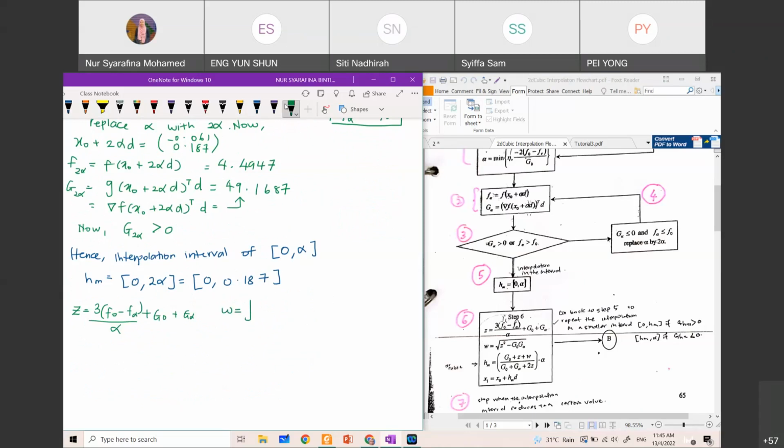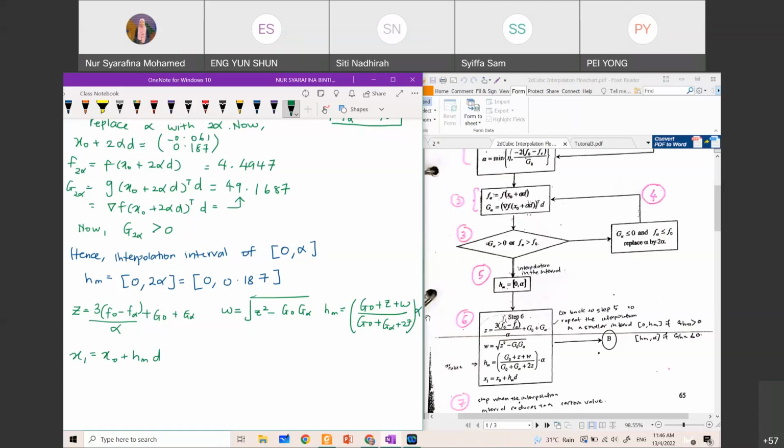W equals square root of Z squared minus G0 G alpha. Your new HM is given by G0 plus Z plus W times G0 plus G alpha plus 2Z times alpha, and X1 equals X0 plus HMD.